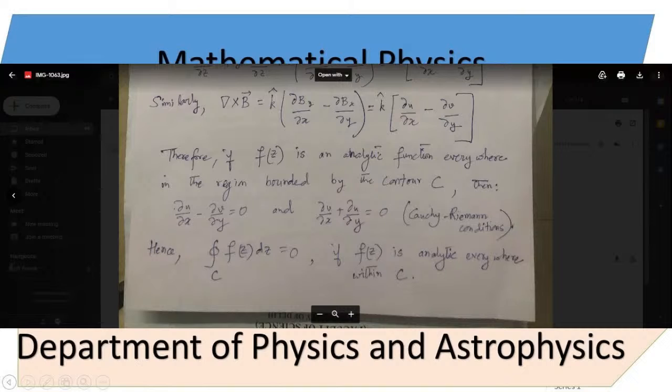Rahul, in order that a derivative df by dz exists, the derivative should not be dependent on how I am taking the limit to reach the point. It is the same even in the case of real functions.